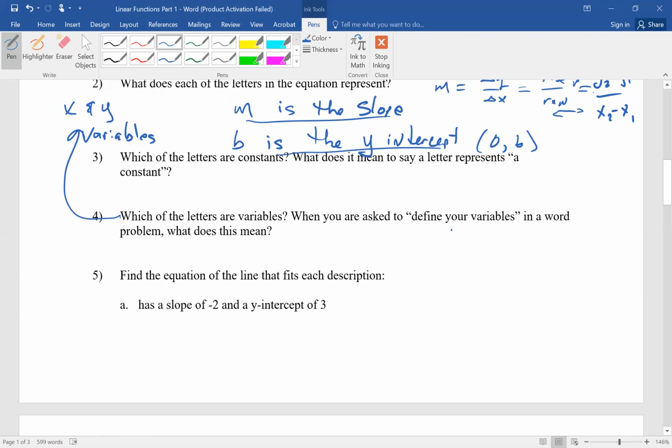When you're asked to define your variables, usually your problem will come in some kind of context. Right now, the verbiage I've been using is miles per hour, and x would be, in my context only, because I'm making it up, x would be miles, and then y would be... I'm sorry, I'm saying that wrong. x would not be miles. x would be time.